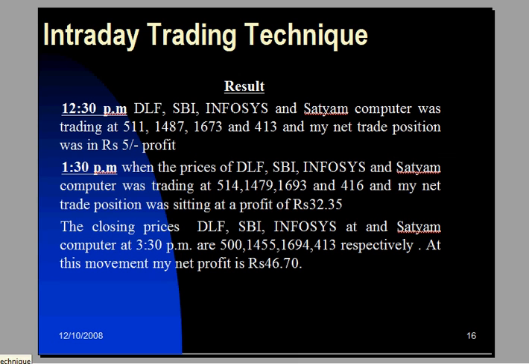The reason is, of your 4 choices, 2 are on the long side and 2 are on the short side. And second, these 4 counters are the most active counters in these 2 index segments for the day. Hence, they will dominate the index movement for the day, whatever the case.